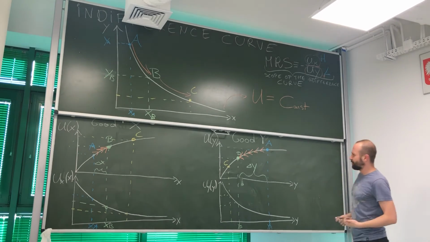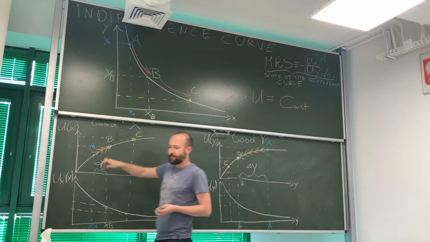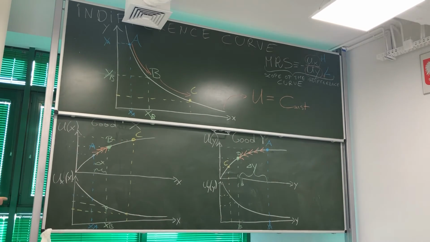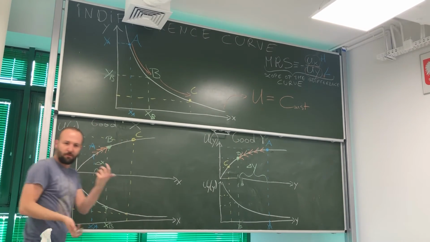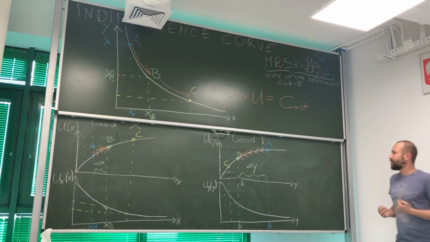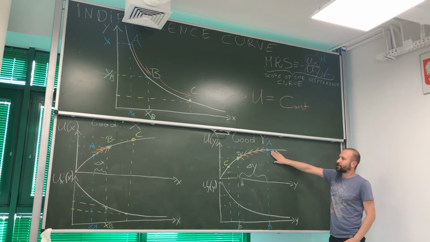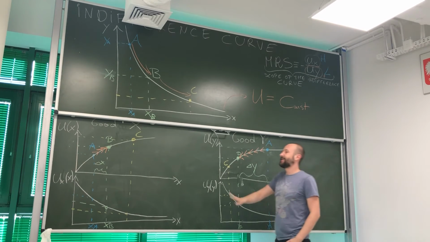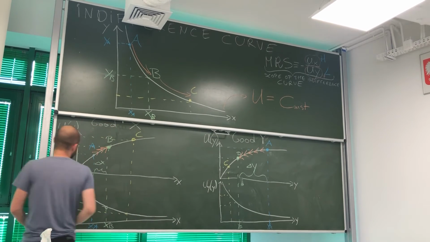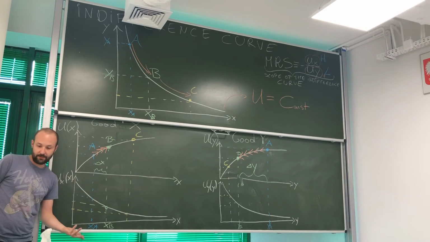Now the customer has more or less the same amount of two goods, in, let's just say, more or less equal proportions. So good Y is no longer so abundant, and at the same time, good X is no longer so scarce.